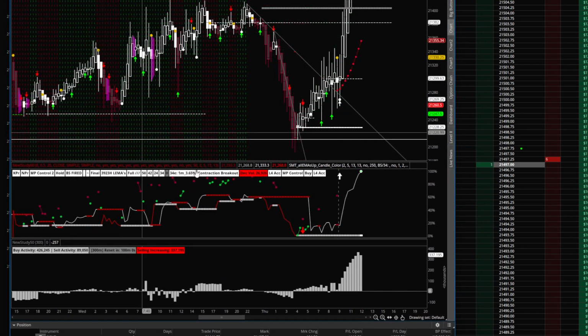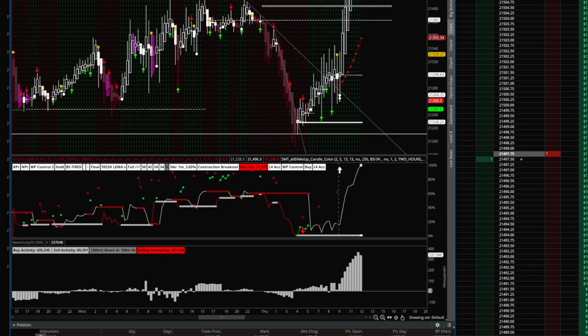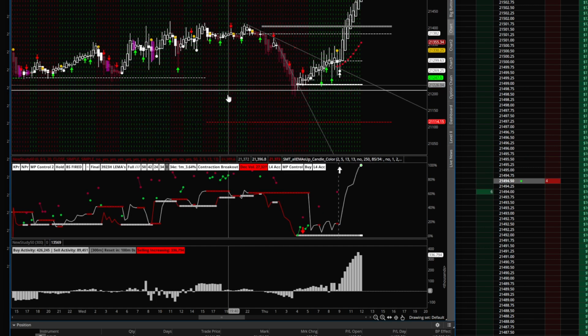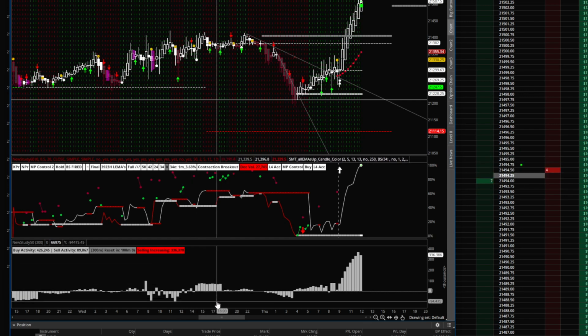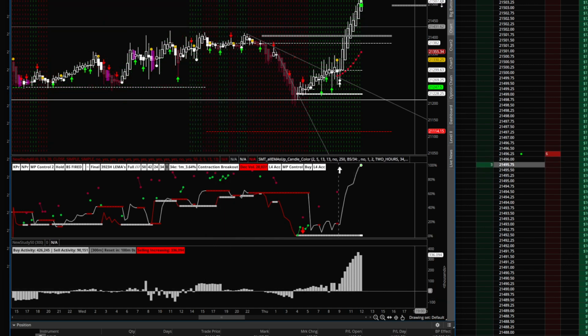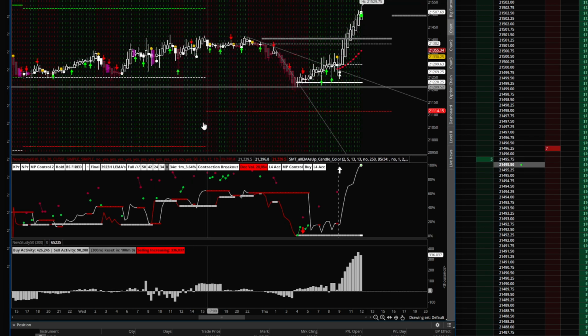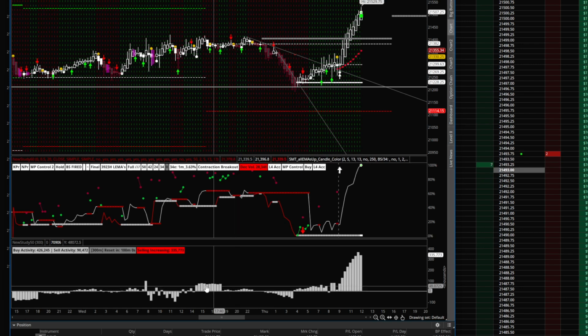Let's just bring this over here, because what I want to show you also, okay, is a 20-minute chart. Looking at the trading activity, the number of people that were actually in the market today. Let's go back to the open. We could see that there were more buyers in the market here, Wednesday night.